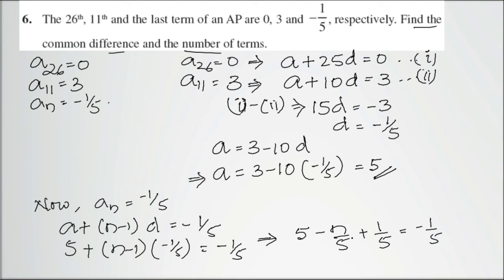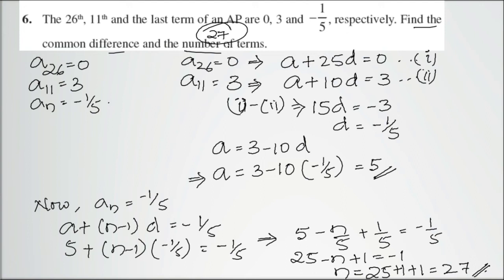We can take the LCM. We get 25 minus n plus 1 equal to negative 1. So we can find the value of n. n will be equal to 25 plus 1, one more plus 1. We get 27. So there are 27 terms. Number of terms is 27 and the common difference is negative 1 by 5.